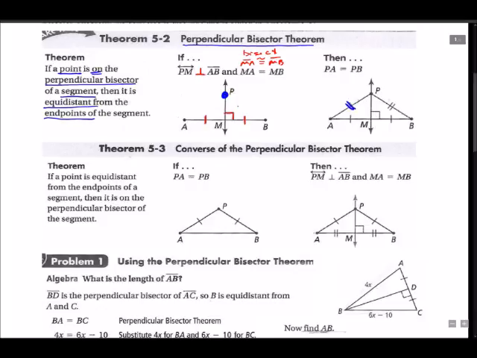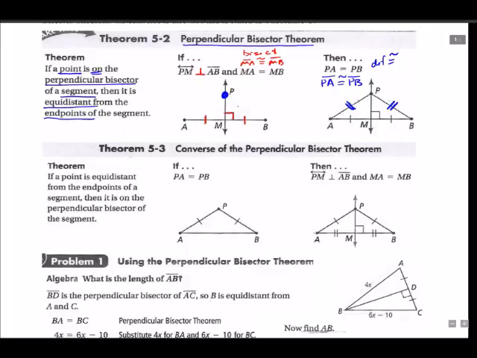So this is congruent to this. We could also say that segment PA is congruent to segment PB. This is definition of congruence. Equal length means congruent segments. So this is a really cool thing. If you have a perpendicular bisector, any point on that perpendicular bisector is equidistant from the endpoints of the segment.